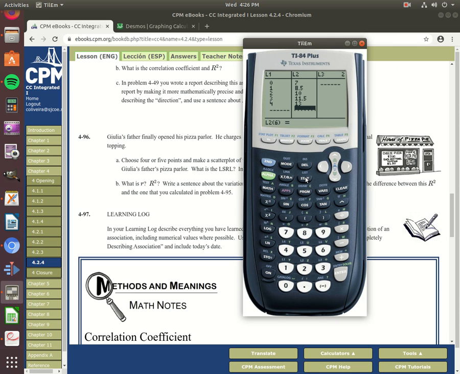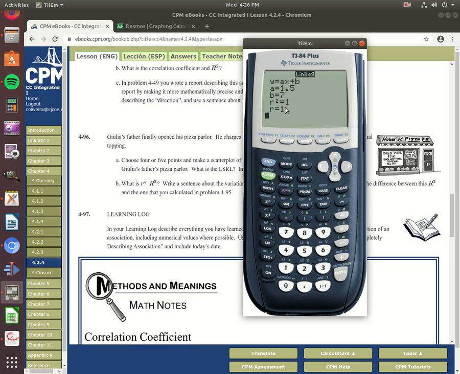So if I run all this data, again, I'll turn my diagnostics on. I will run my LSRL. I will save it to Y1. I get the equation y equals 1.5x plus 7, which makes sense because if you think about it, the data I put in exactly hit that.